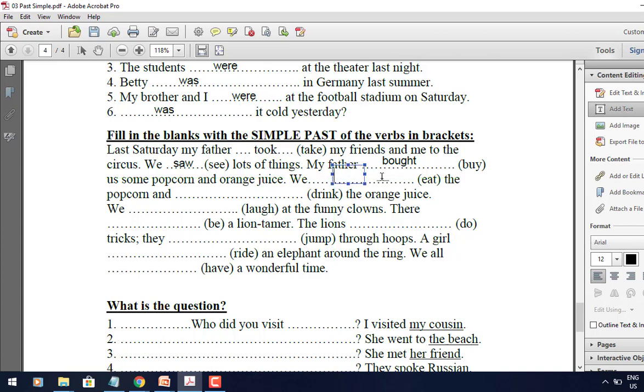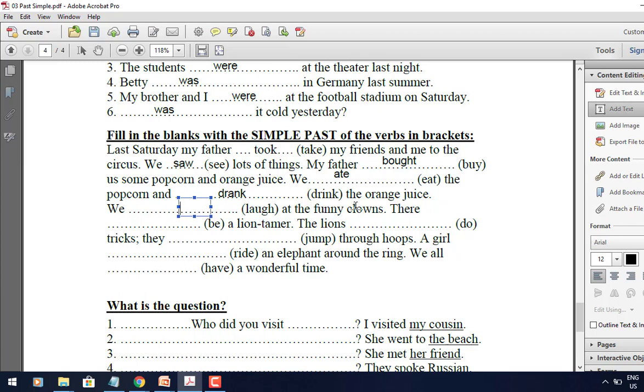We eat the popcorn and drink the orange juice. Eat is irregular, and it has the past form ate. We ate the popcorn and drank the orange juice. The past form of drink is drank.